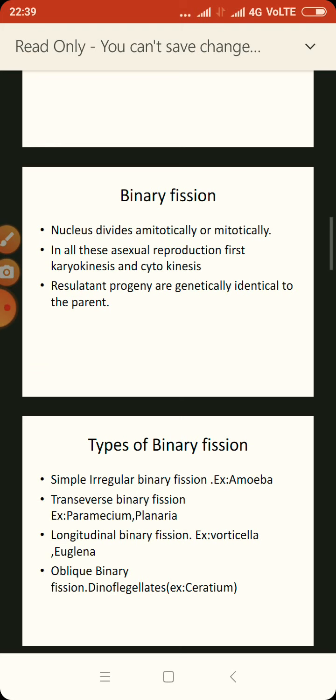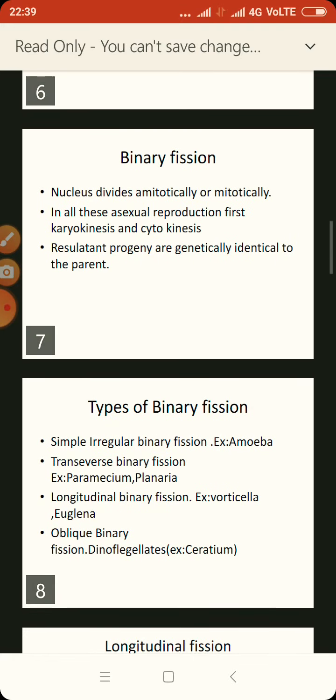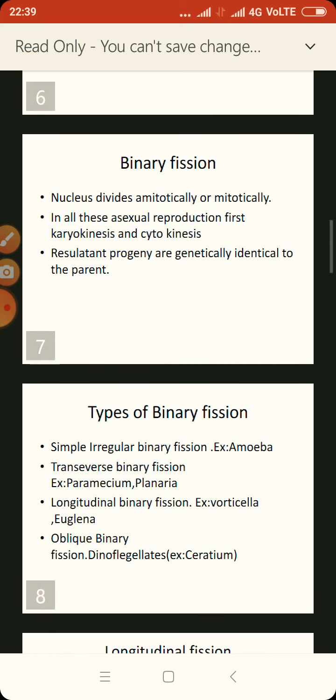Now, when we talk about amitotic type of division, so far we have learned 2 different types of divisions: mitotic cell division and meiotic cell division.